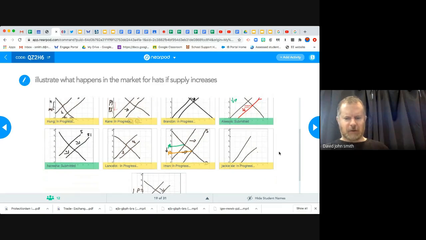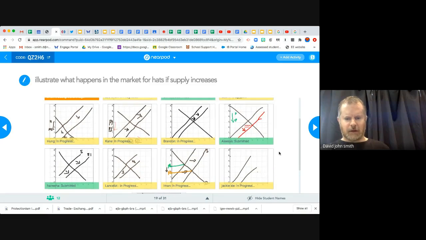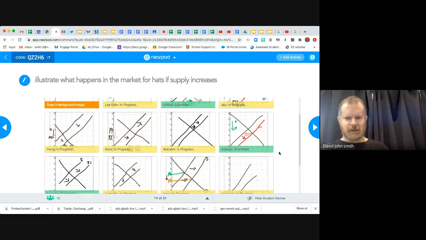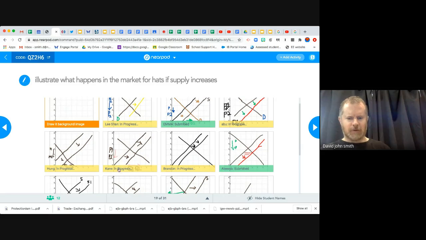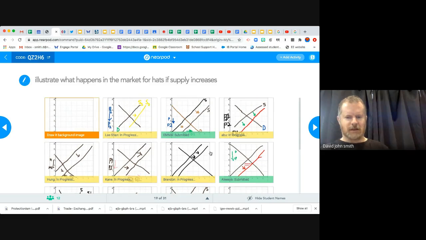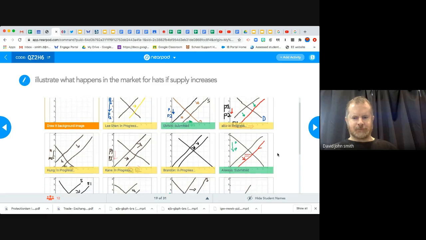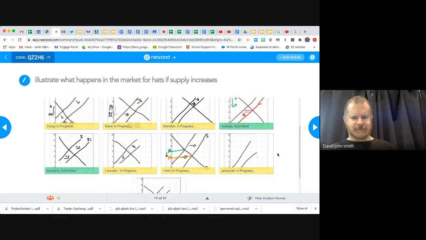Good work, Jackie. You've got the supply curve shifting, add in a demand curve, and if you can illustrate the price and quantity change, that would be fantastic. Good work, Brandon. And see also if you can work out the price and quantity change. Good work. And using color too. Gosh, that's fantastic.